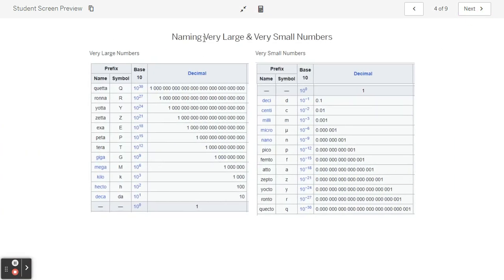Now, when we're naming very large and very small numbers, we have these prefixes that help us, but after a while, even the prefixes aren't super familiar. So, one way that we can represent numbers that are really, really big or really, really small is a method called scientific notation.